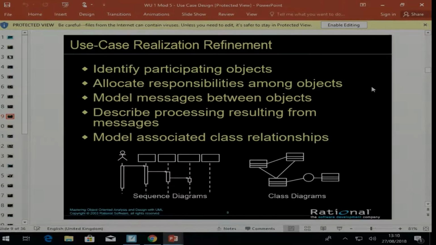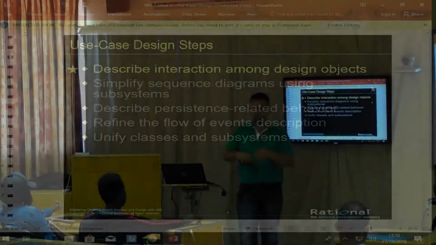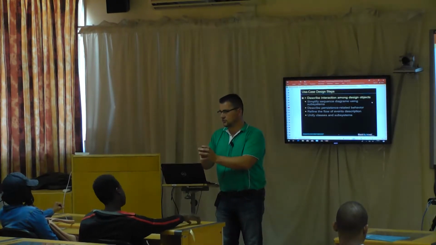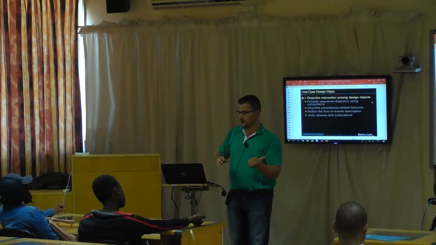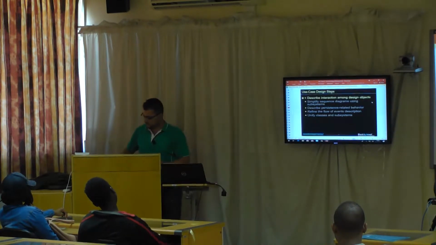So what do we mean by describing the interaction among design objects? We are going to look at how these objects are working together to solve a particular problem, how they are getting together and working on that.